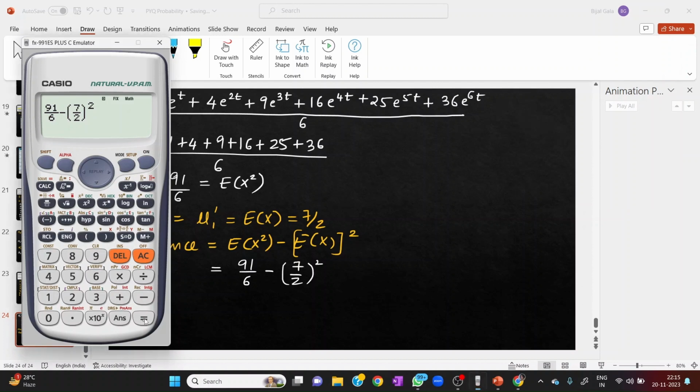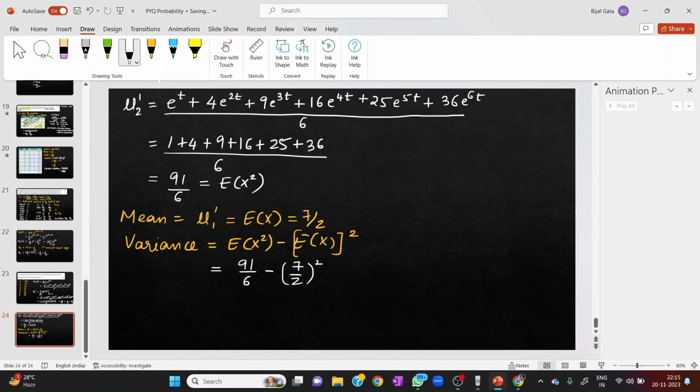So let's calculate the answer. That's 35 by 12. So that's my variance and this was my mean, and we completed the question. So this completes all the different questions of probability.